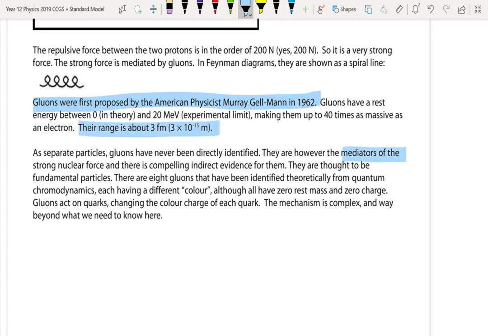They are mediators of the strong nuclear force, and there is compelling indirect evidence, as is most evidence on the atomic scale. Atoms are thought to exist. Indirectly, we have observed them. Okay, so there's not much of a step to say that gluons exist. We're confident that atoms exist. We're also confident that gluons exist. Okay?